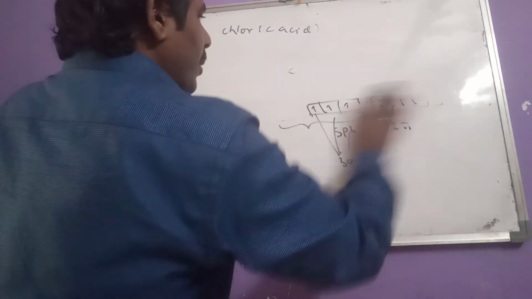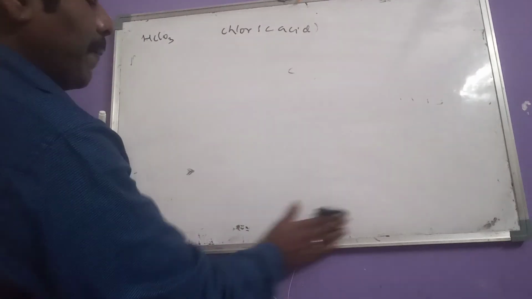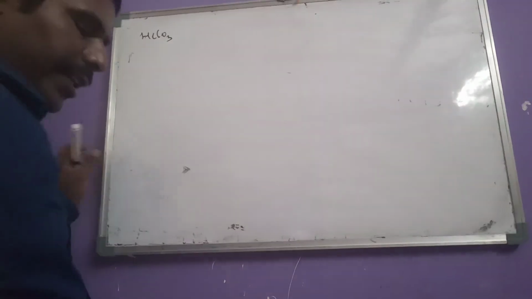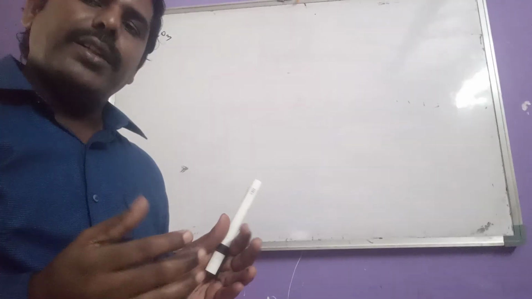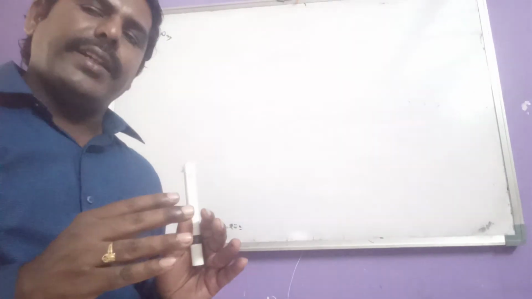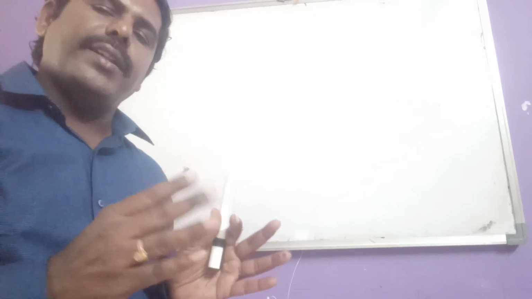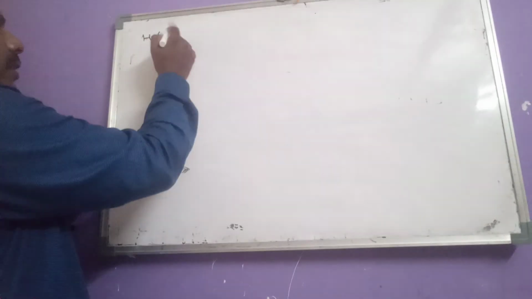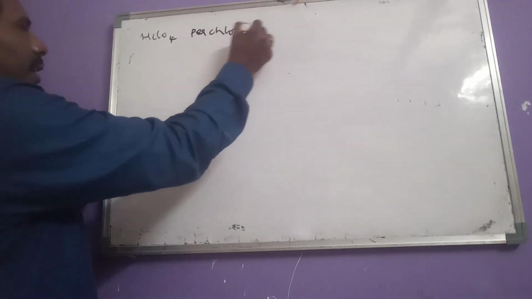Perchloric acid, one important thing: of course the name indicates perchloric acid, so many students may feel that it has a peroxy bond, but no peroxy bond is present in perchloric acid. Just its name is given as perchloric acid. There is no peroxy bond. The formula is HClO4.